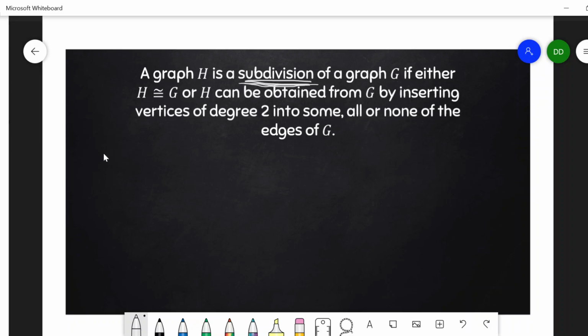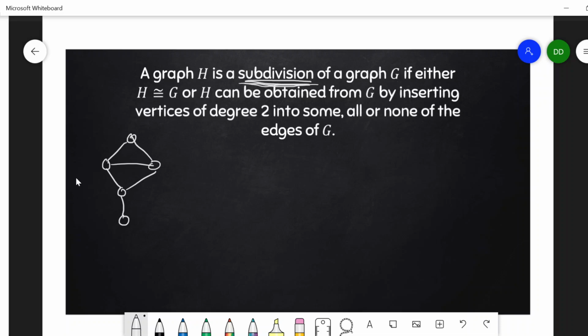So for example, let me use the book example, something like this. Maybe I have a triangle, and maybe I have something like this.